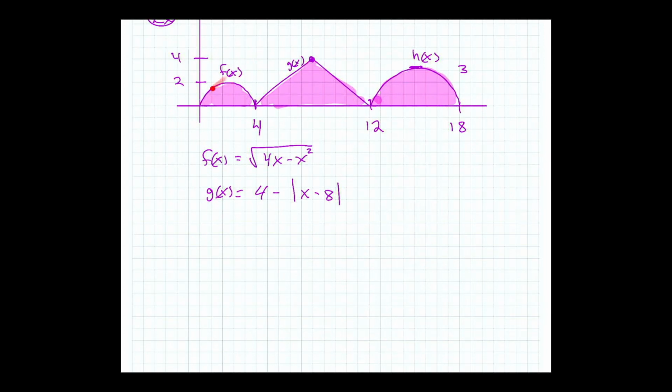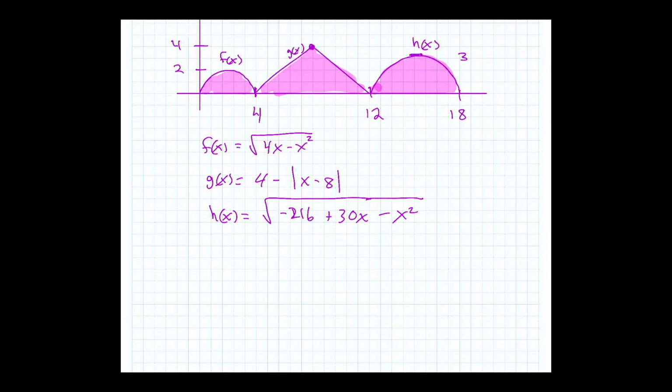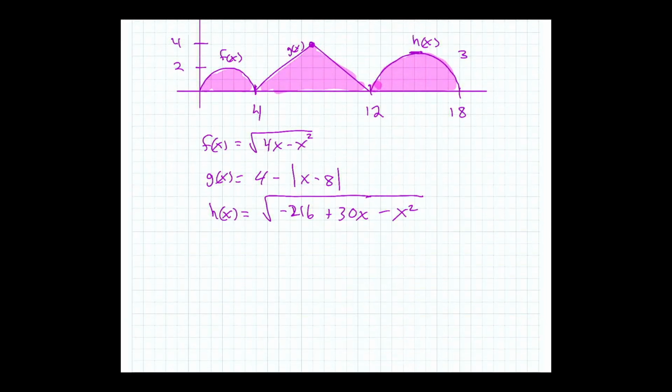Usually you see it like this, but this one's upside down and moved over. h of x is another half circle, and it has a formula that's a square root of negative 216 plus 30x minus x squared. Interesting. Okay, so we have these.